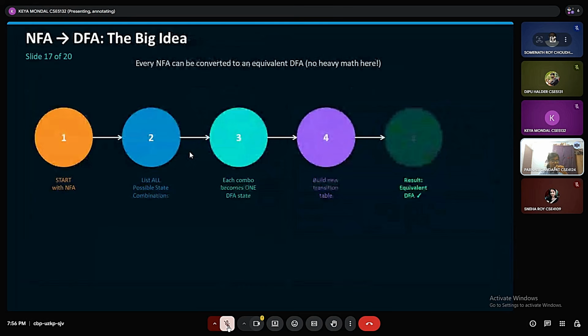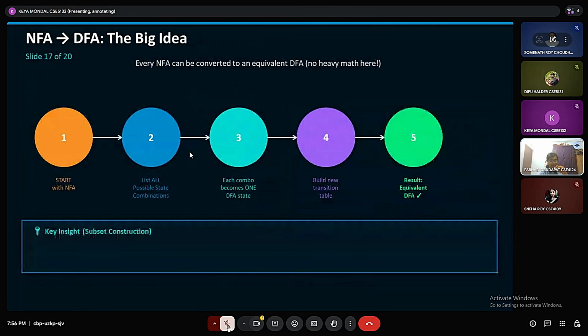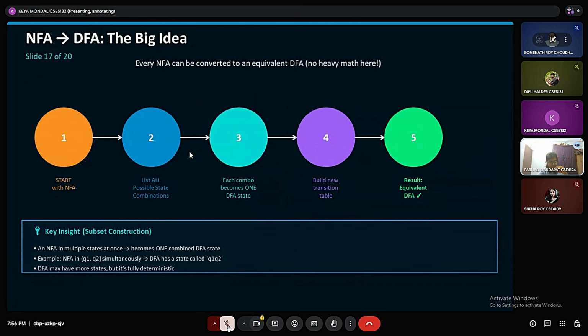Now it is conversion of NFA to DFA. Here we learn the steps to convert from NFA to DFA. First, start with the NFA. Second, list all possible state combinations. Third, each combo becomes one DFA state. Fourth, build the new transition table. And fifth, the result is an equivalent DFA.